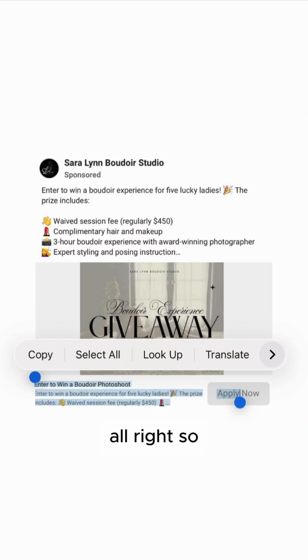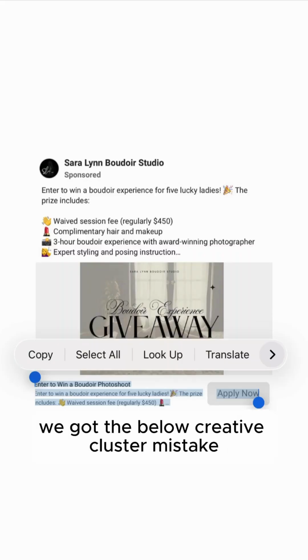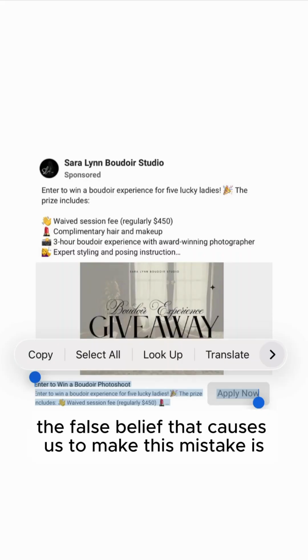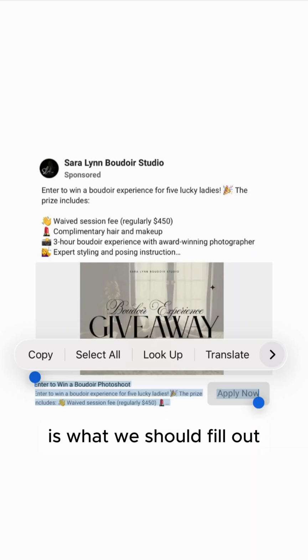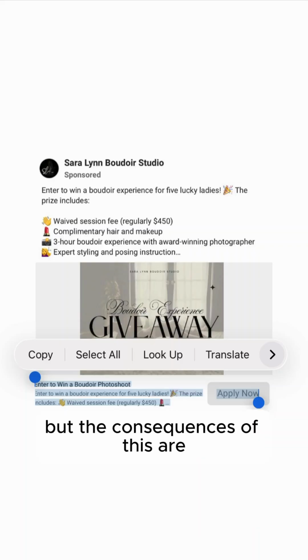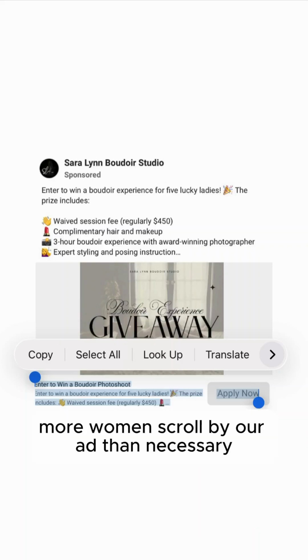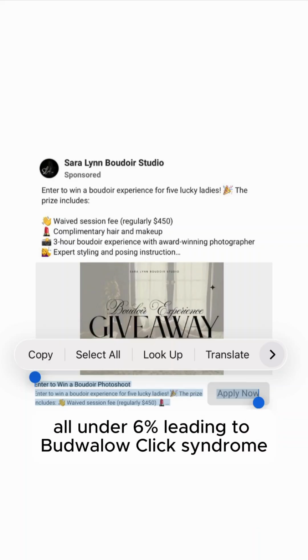All right, so what we see right here, we got the below creative cluster mistake. The false belief that caused us to make this mistake is we are trusting what Facebook tells us to fill out is what we should fill out. But the consequences of this are more women scroll by our ad than necessary, pulling unique CTR all under 6%, leading to boudoir low click syndrome.